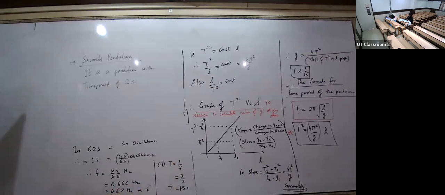So what name is given to such a pendulum? Seconds pendulum, because a seconds pendulum has a time period of 2 seconds, right? So the special name is seconds pendulum.